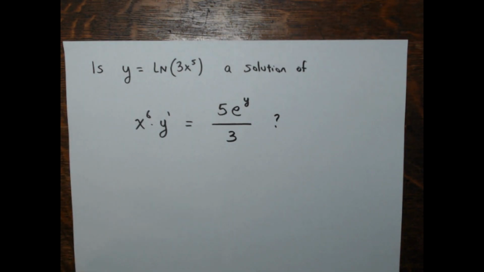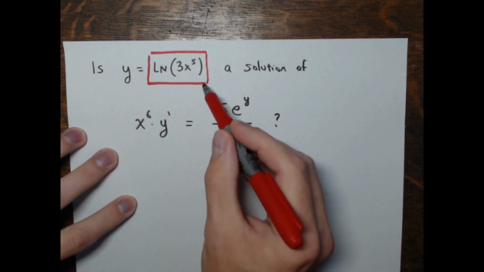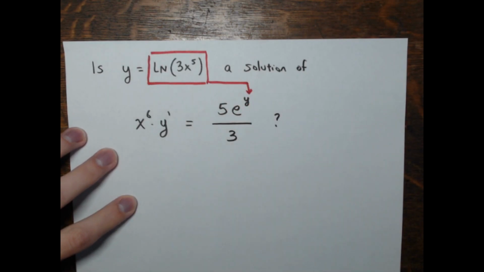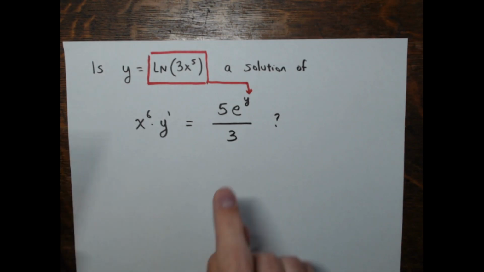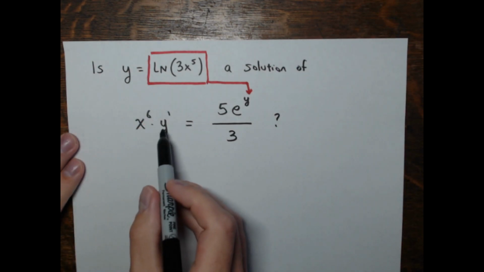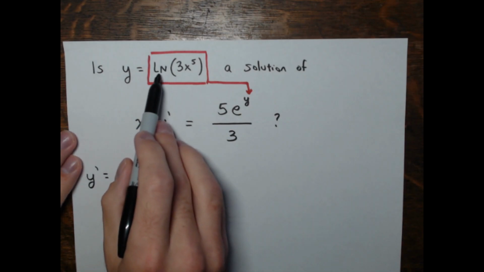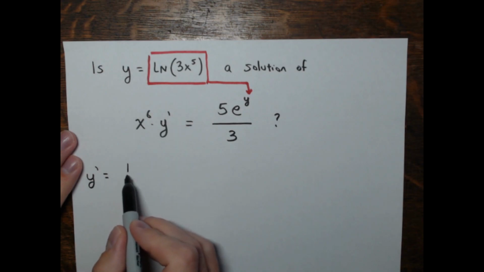All right, so like I said, you already have y. This natural log of 3x to the 5th is going to go in this exponent here. We'll have e to that power, and that's going to be nice. E to a natural log, they'll kind of just undo each other, right? Those are inverses. And now I just need the derivative y prime. So y prime, remember the derivative of the natural log of something was 1 over that thing.